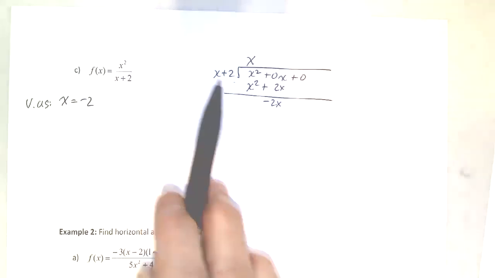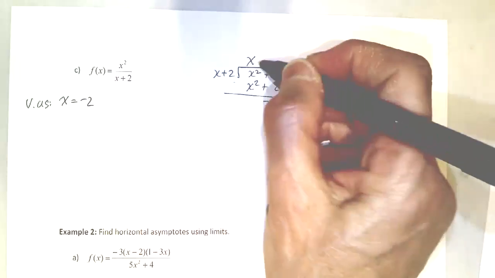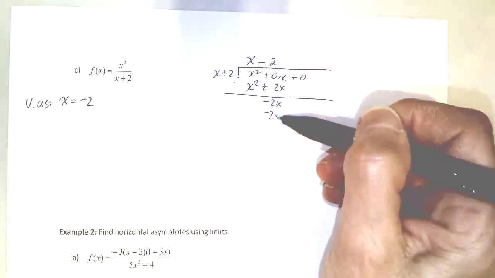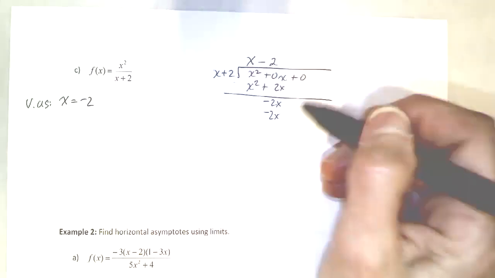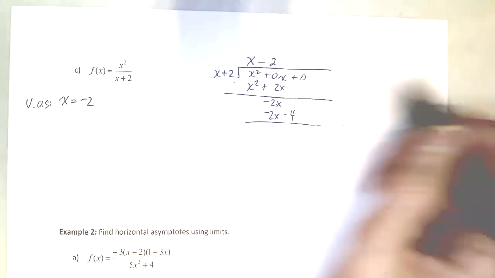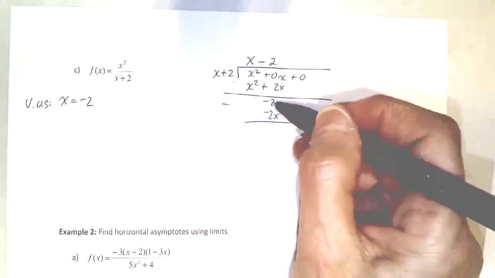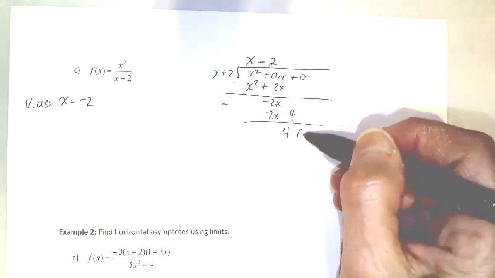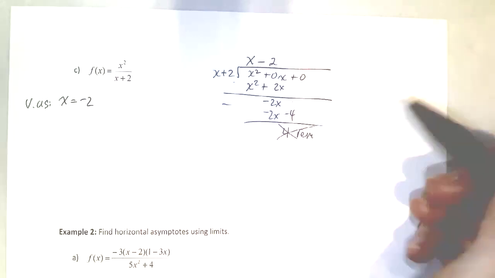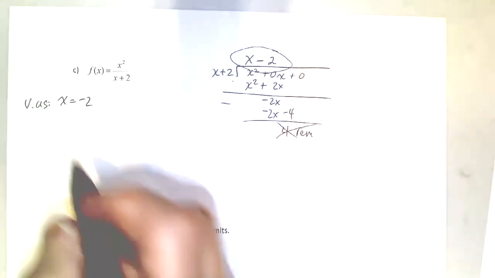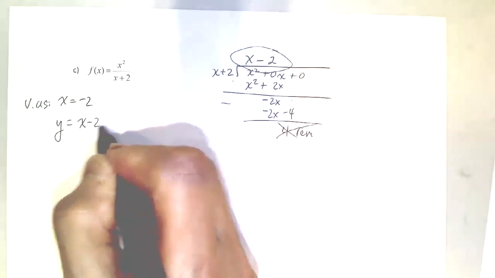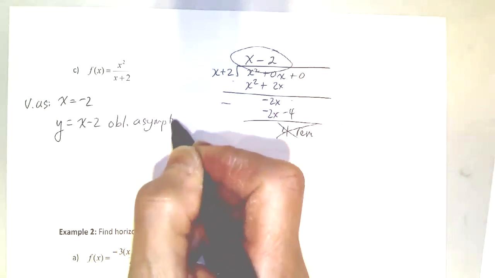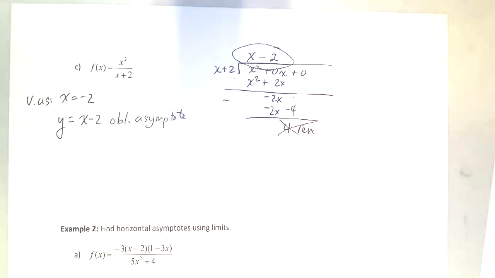I can keep dividing here because x can go into -2x -2 times. -2 times x is -2. -2 times +2 is -4. When I subtract, -2 take away -2 is 0. But here I get a remainder of +4. The fact is the remainder is irrelevant. It's the quotient that we use. y equals x minus 2 will be the equation of our oblique asymptote. So there's nothing new there.